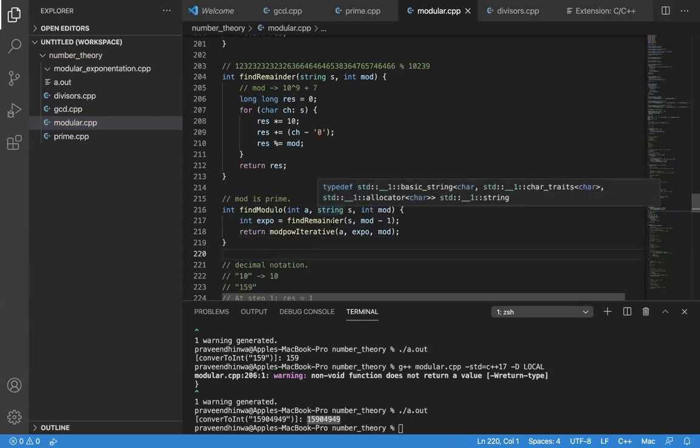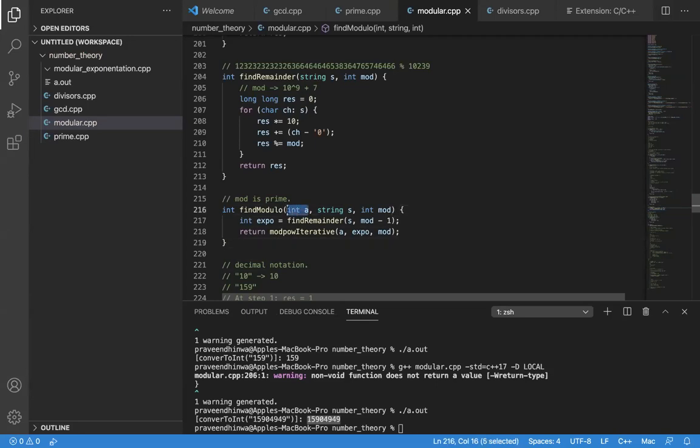So suppose your number a, the base, is also very large. Then what would you do? Base is also large, suppose base also fits in string. So let me call it string base, string exponent. Here I was doing exponent. So then what can I do? You have to do it like we did for the exponent.